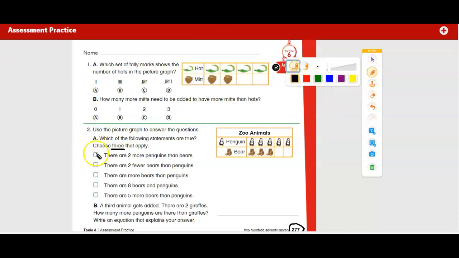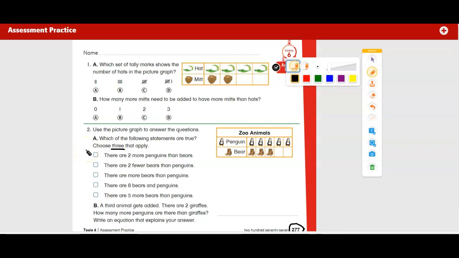You have to choose 3 of these statements. It wants us to choose which of the following are true about this picture graph here. Let's look at the statements. As we're going through, if you realize the statement is true, then you will check or fill in this bubble here.